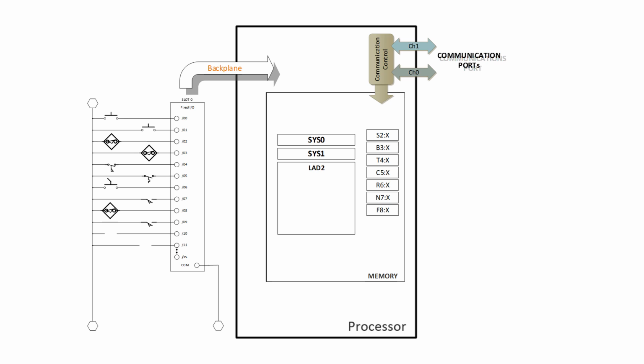And the state of those 16 inputs then would be transferred across that backplane and stored somewhere in memory. In this case, it's going to be stored in the I1 data file.